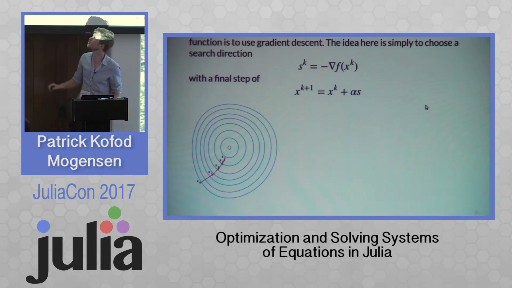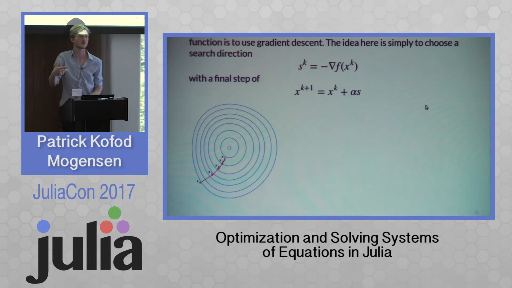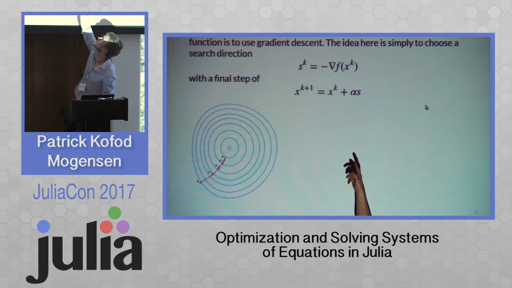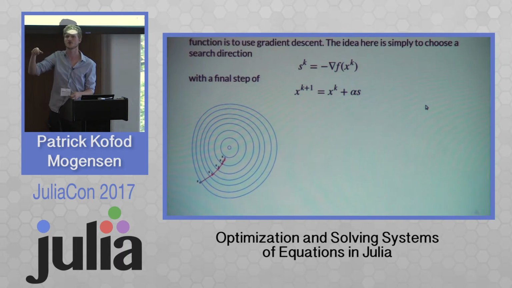To stabilize the method and make sure that it will converge, we introduce this. The search direction is just minus the gradient. Then to update from the current xk, our current guess of what the minimizer is, to the next xk+1, we take xk plus some alpha, which is a scalar, times our search direction.